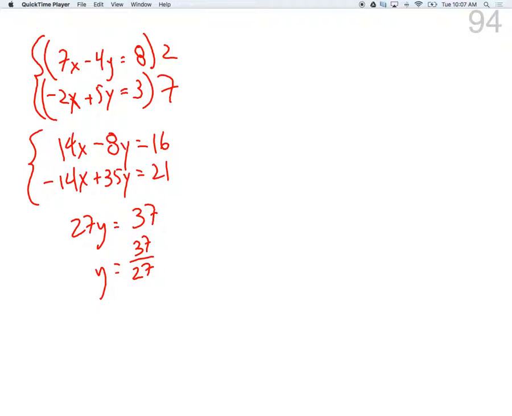So I'm going to show you how to use your calculator to do that. Take this number and store it into y. I've showed you how to do that, but I'll review. 37 divided by 27, enter, store y. You get to y by doing alpha and then the appropriate number.